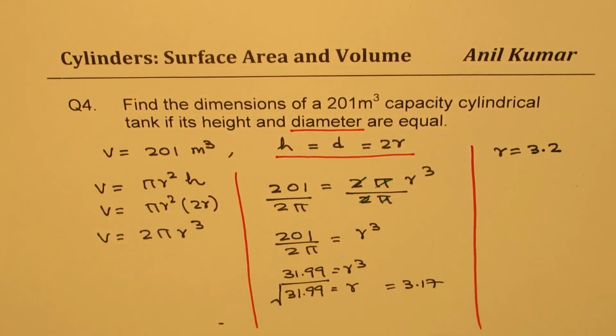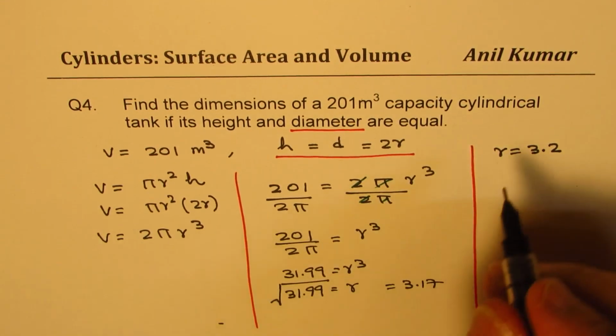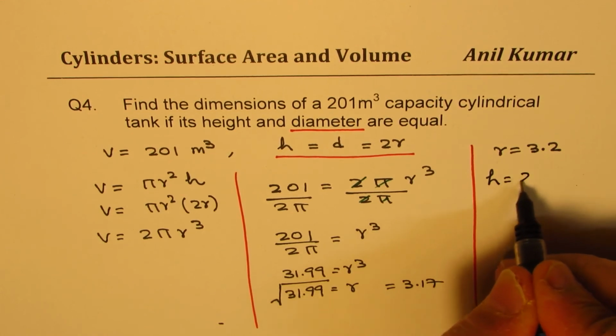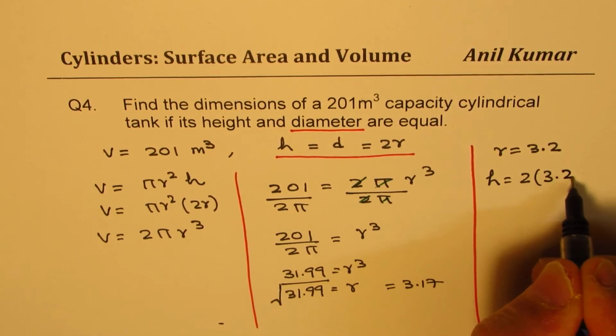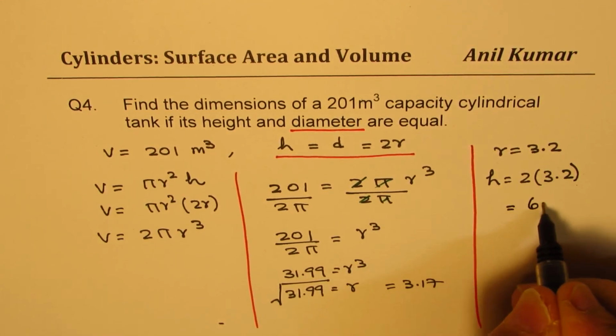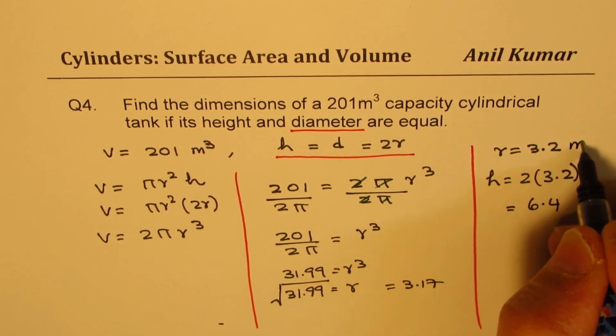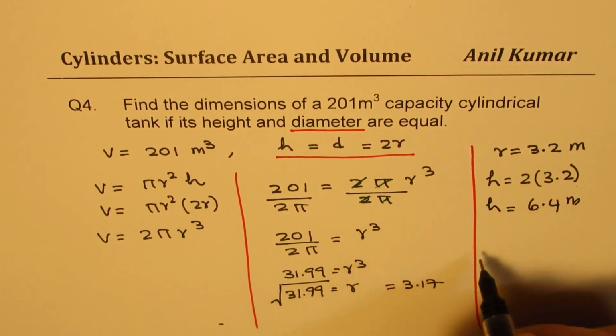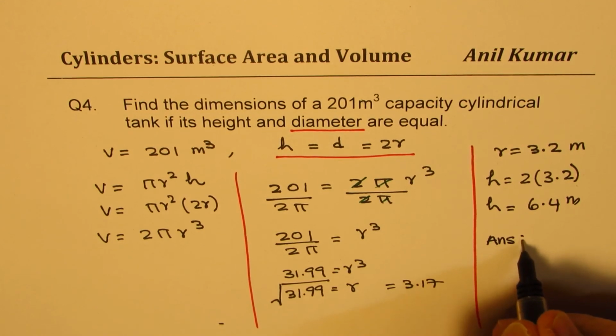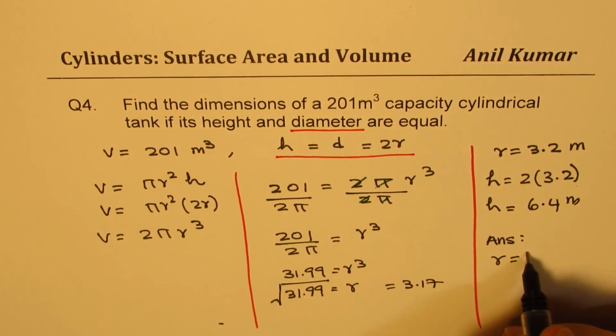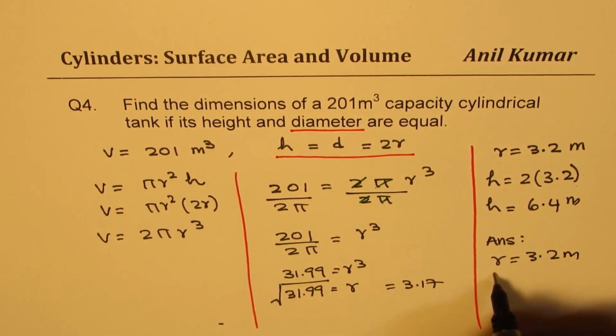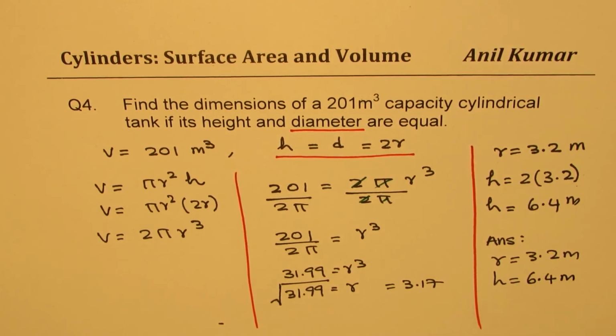Since we are rounding all our results to one decimal place, height will be 2 times 3.2, which is 6.4, and the units are in meters, right? So we get our answer: radius equal to 3.2 meters and height equals 6.4 meters, correct? So that will be our answer for question number 4.